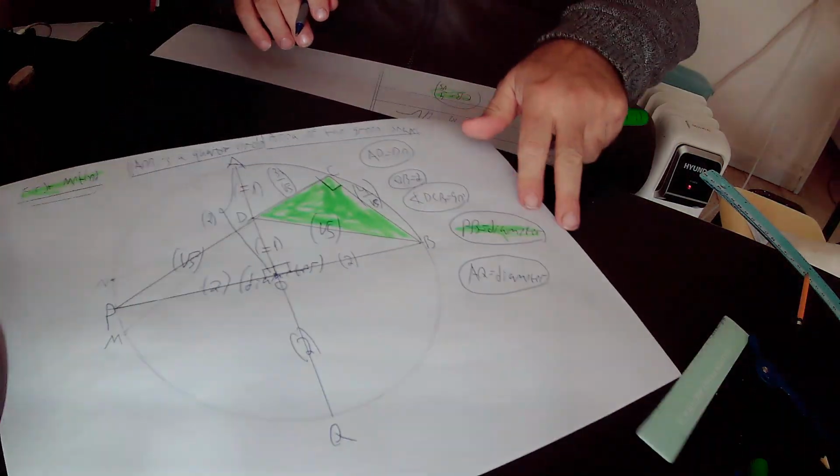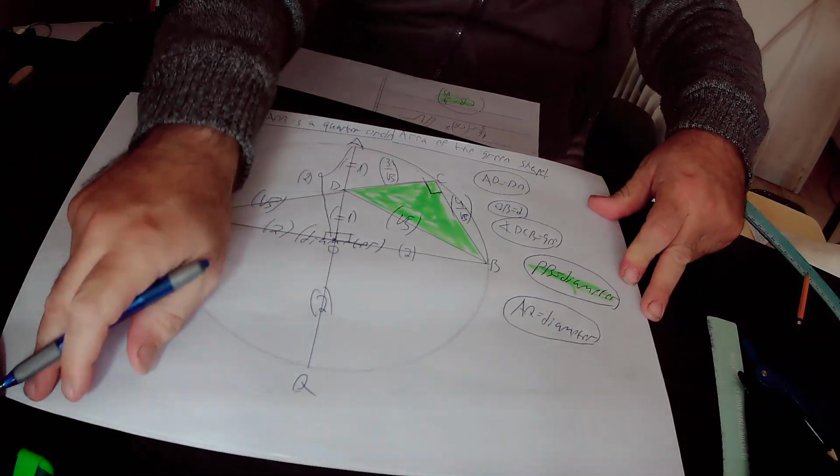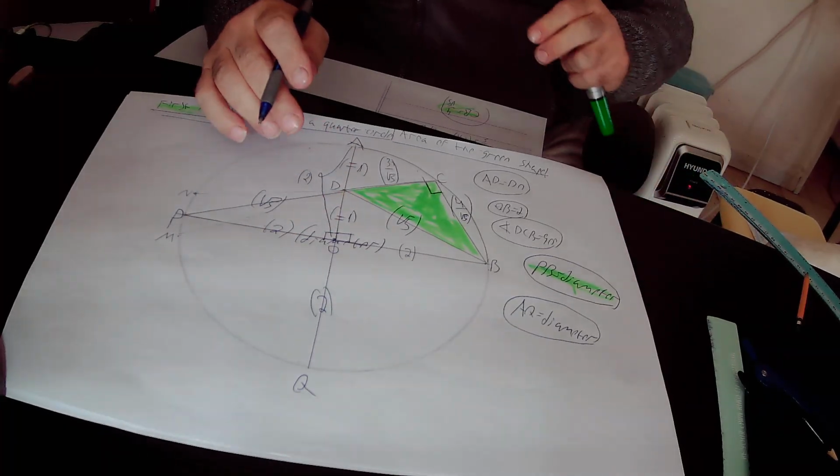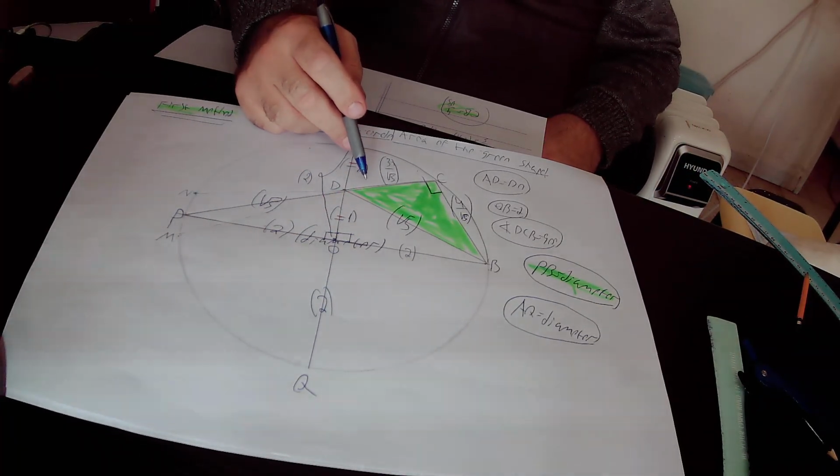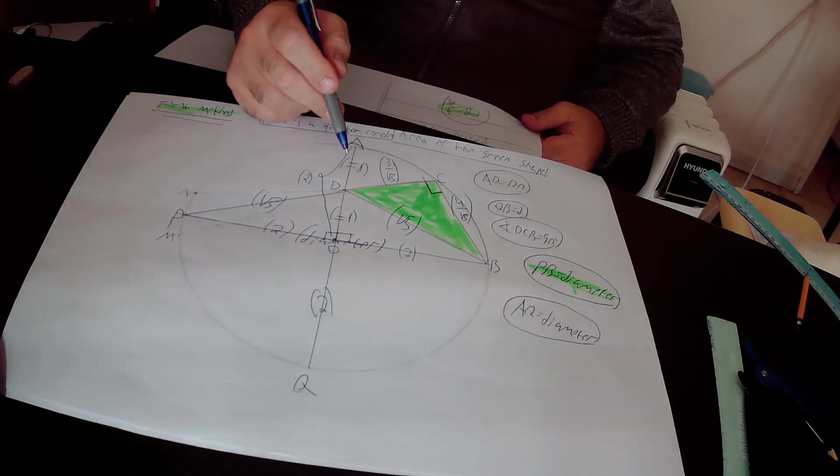Our task is to find out the area of this green shape. The green shape is actually the green right triangle DCB.